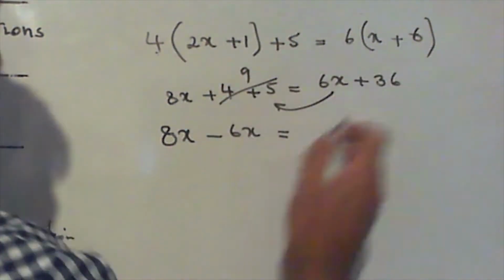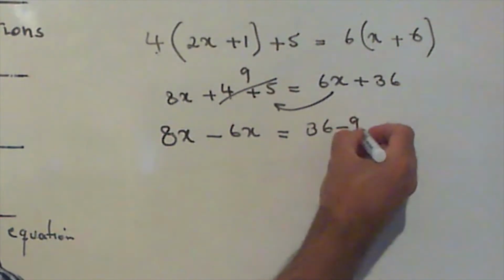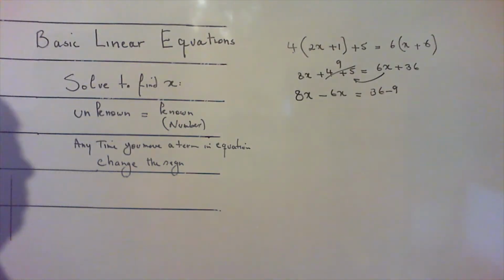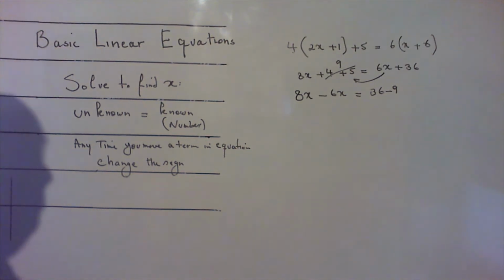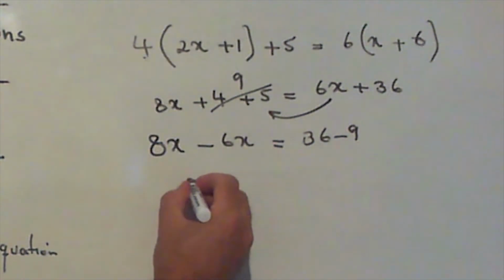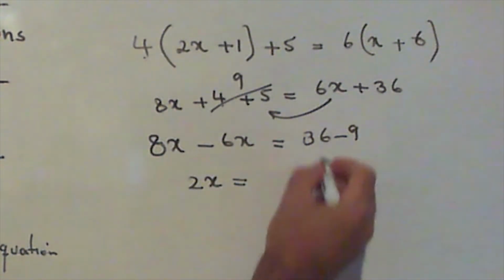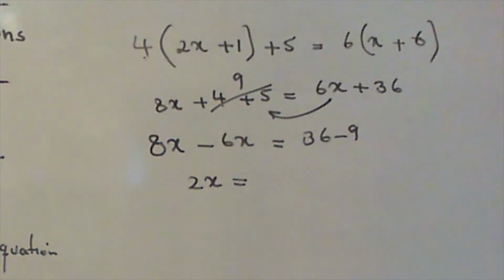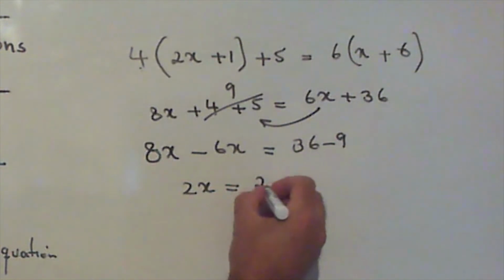If I take it to the other side, I will have 36 minus 9. And this is 2x, 8x minus 6x is 2x. What is 36 minus 9? So that gives you 27.